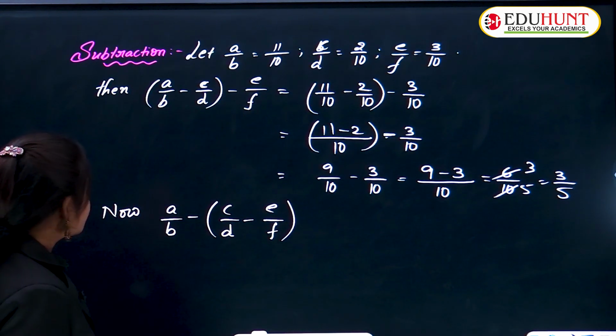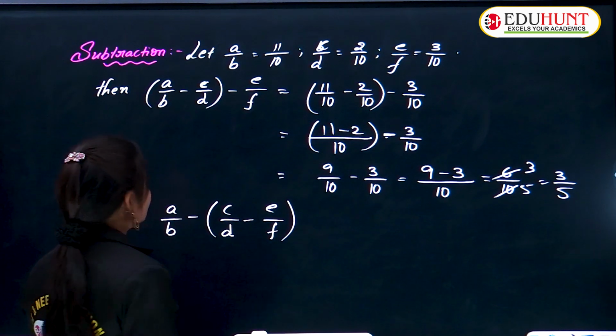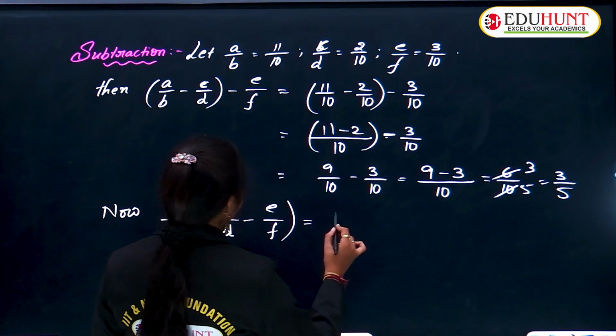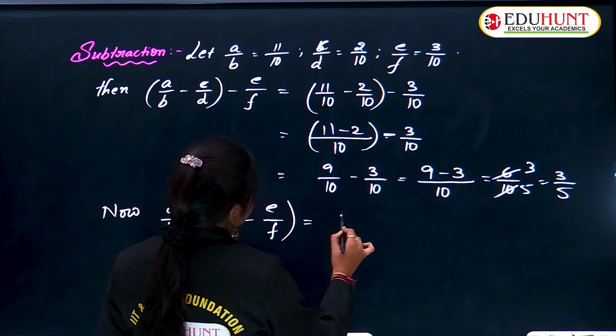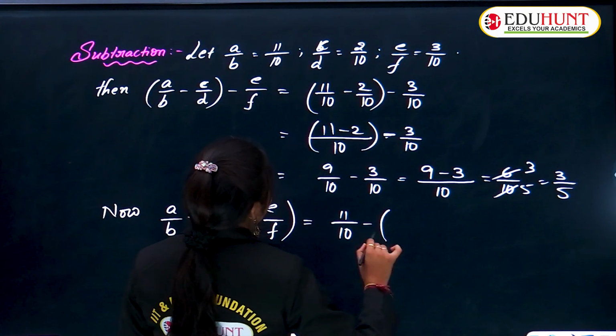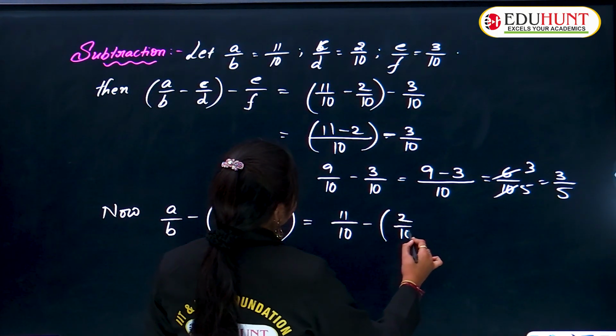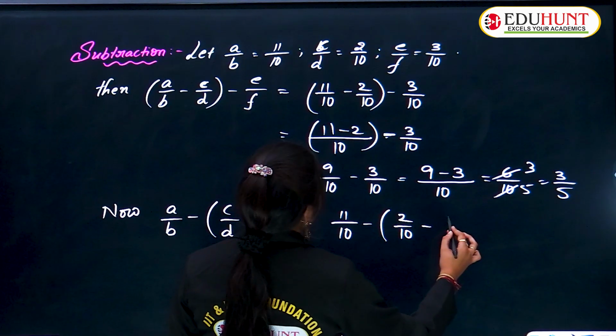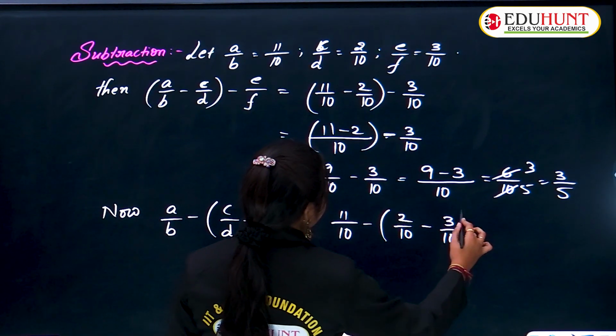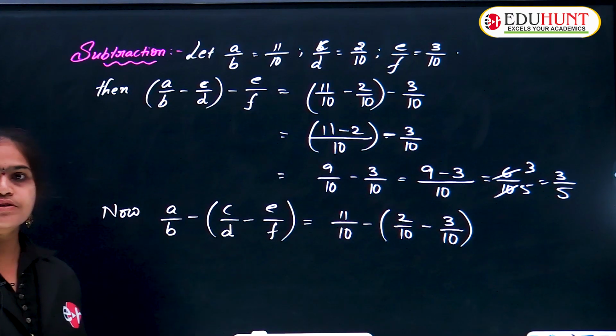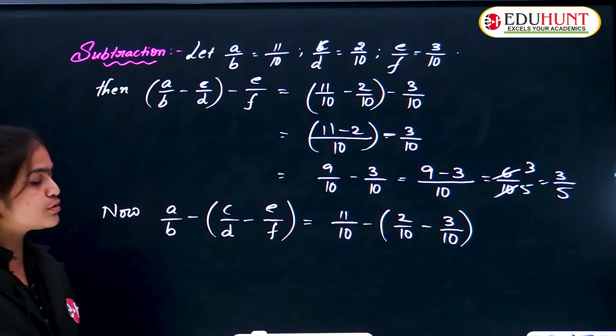Now what value will you get here? A by B is 11 by 10, minus of 2 by 10 minus 3 by 10. Just take the subtraction of those two numbers.